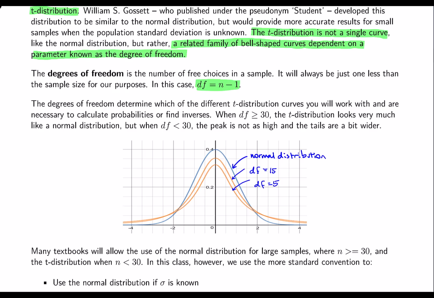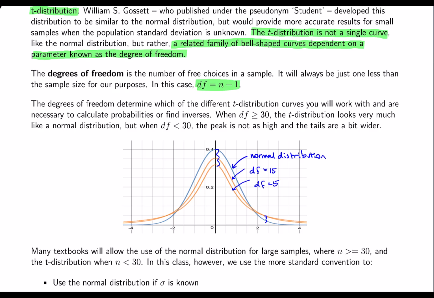So you can tell that there's a pretty big difference here between the height of the peak for 5 degrees of freedom and the normal distribution. And then the tails are certainly a bit wider as well. And so when you have fewer than 30 in your sample, these pronouncements can make a difference in your calculations. When it's above 30, it's generally not that problematic.